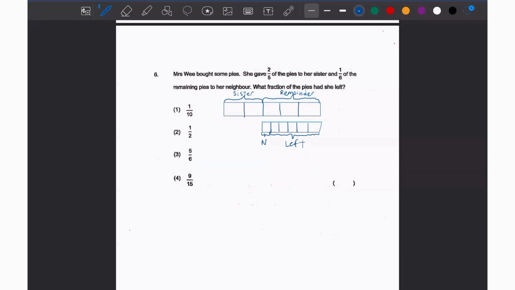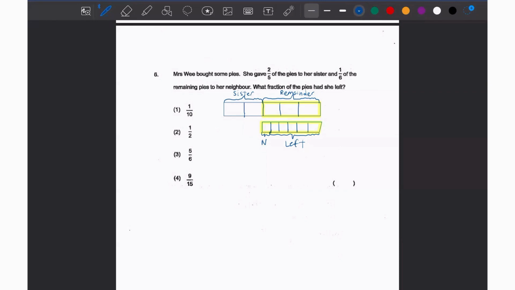So the question wants us to find what fraction of pies she had left. Now we look at the remainder portion. Let's consider this portion of the remainder together with this remaining portion that we drew below.